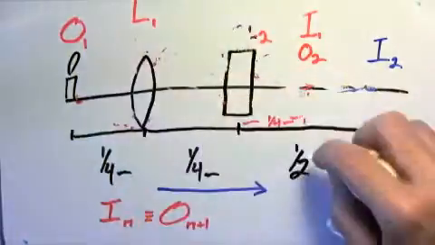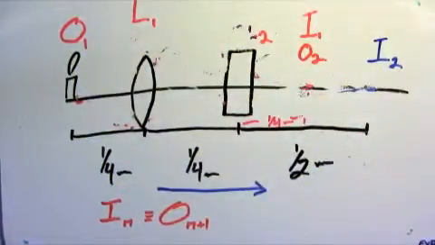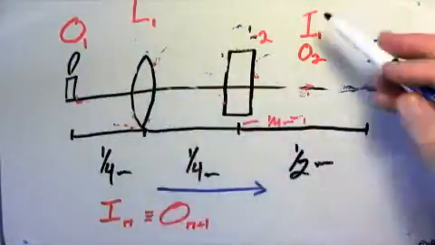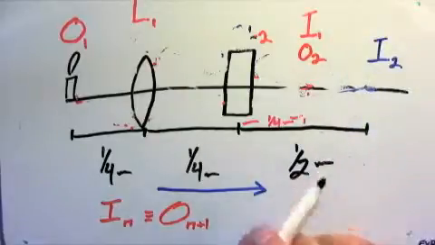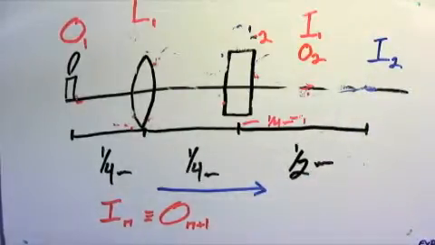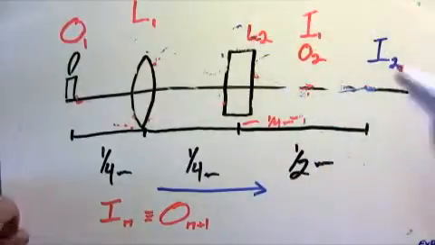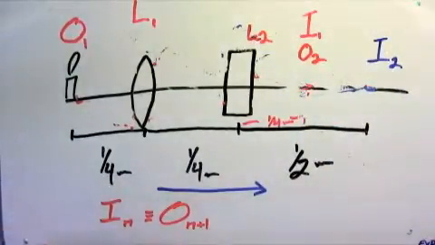Lovely. Okay, so to reiterate here, we have object 1, lens 1, image 1, and we have object 2, lens 2, image 2. And we're going to maintain the idea that we're simple-minded and that we cannot hold in our little monkey brains more than one object, lens, and image at a time.